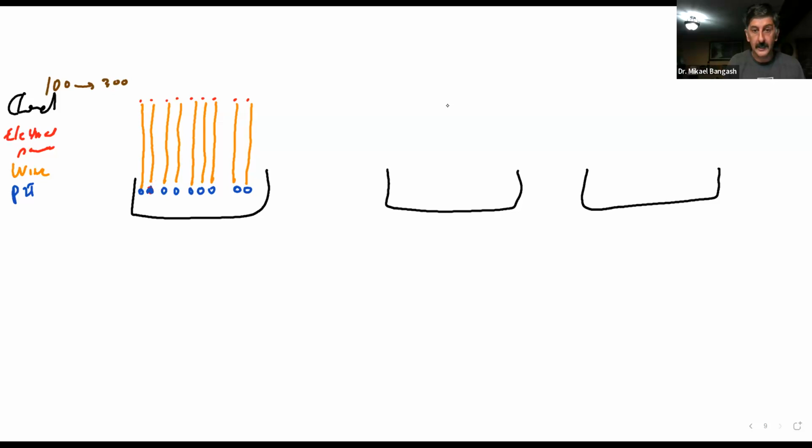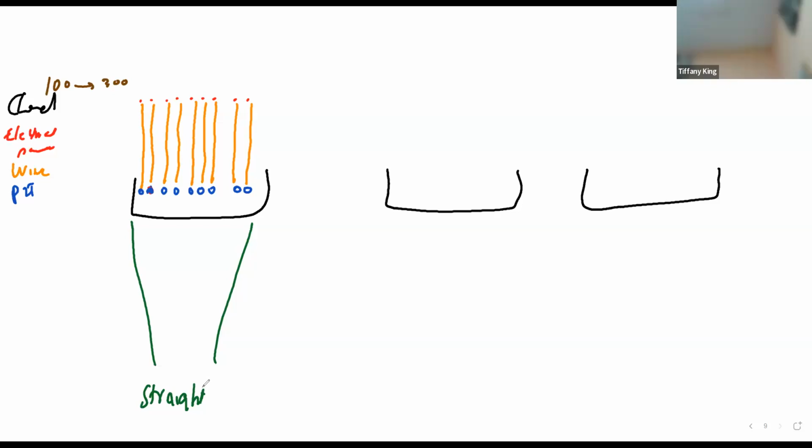And what that will lead to is that the beam in this instance will be steered straight. Did that make sense? Yes. Good.